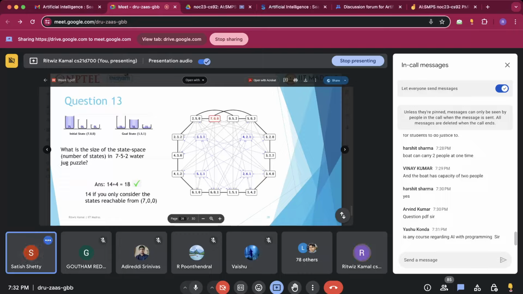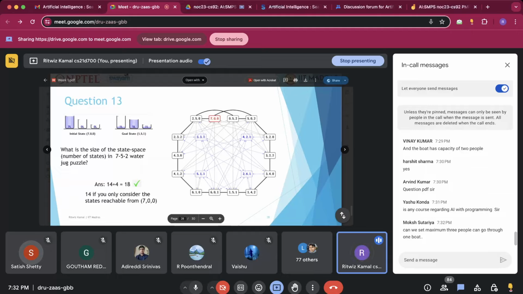That's a good question. I think that depends on the way the question has been asked. The reason I included this question is that it was asked in one of the previous years, and at that time the question didn't specify whether they want only the states that are reachable or all possible states. So depending on how you interpret the question, the answer could be 14 or 18.